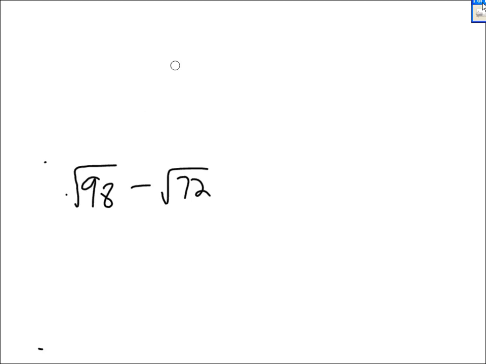So what we need to know is the numbers that we know the square root of. We know the square root of 2 squared, that is, we know the square root of 4, it's 2.